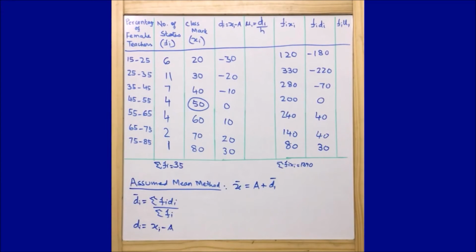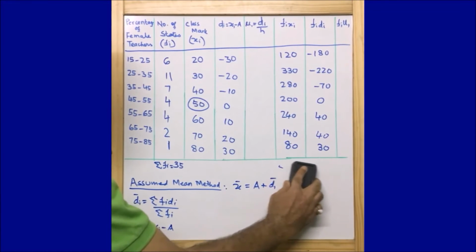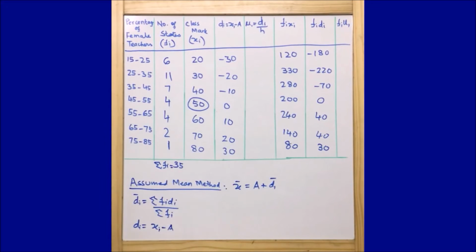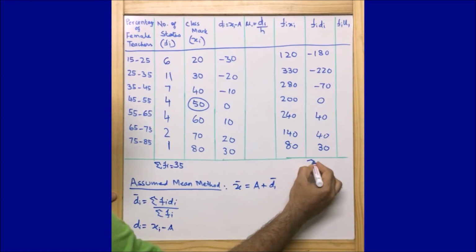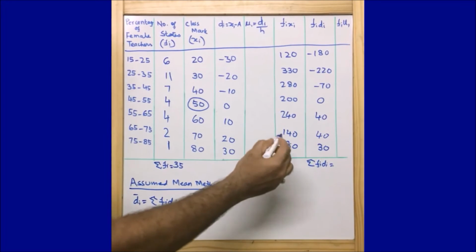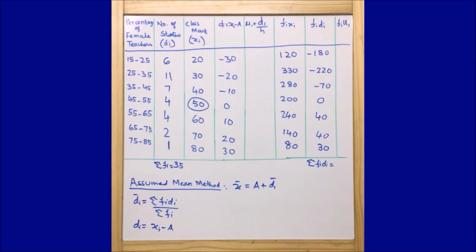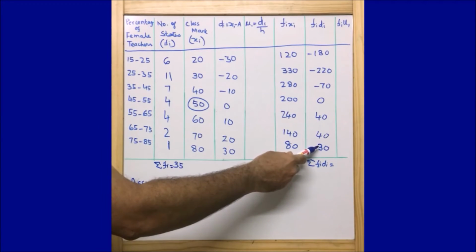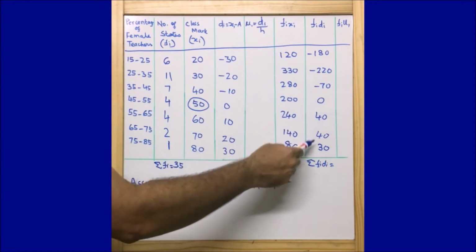So you could see that I am able to find the figures for fi di. Now I am going to add these figures, that is, find the summation of fi di. Let's see what we get. 40 plus 40 is 80. 80 plus 30 is 110, and it is positive.